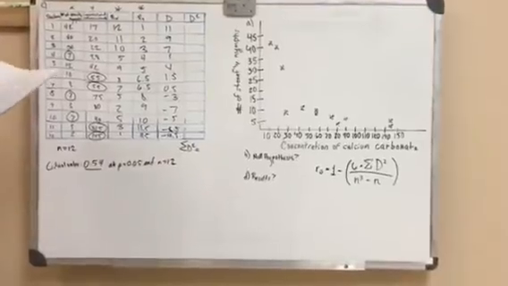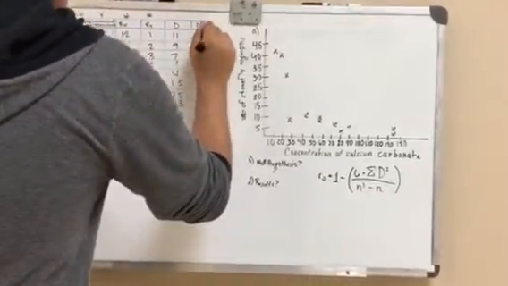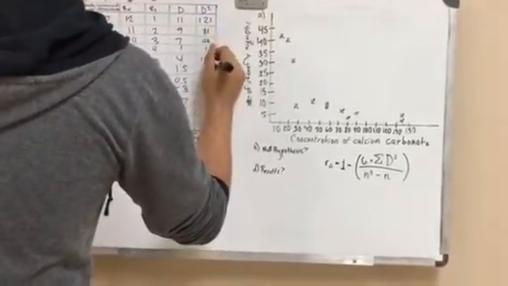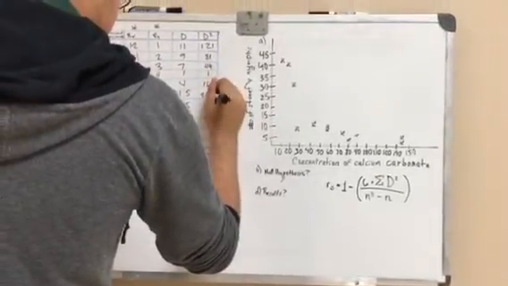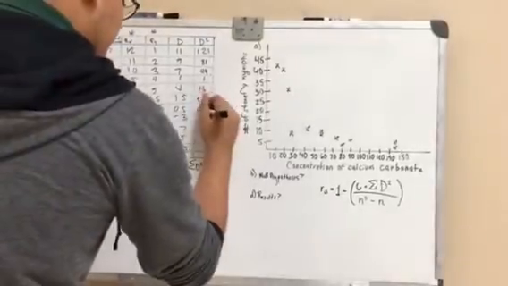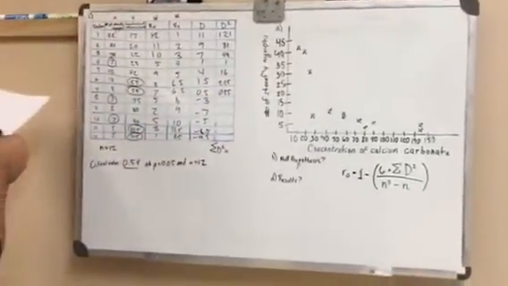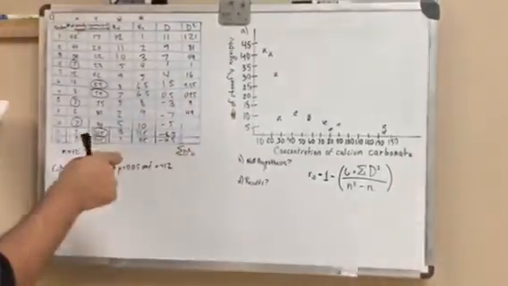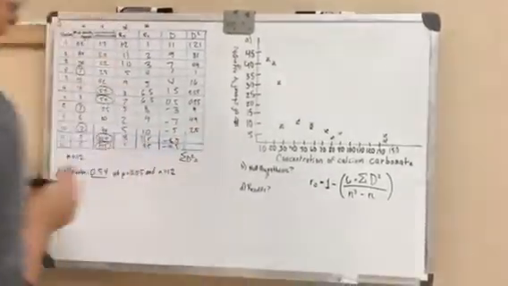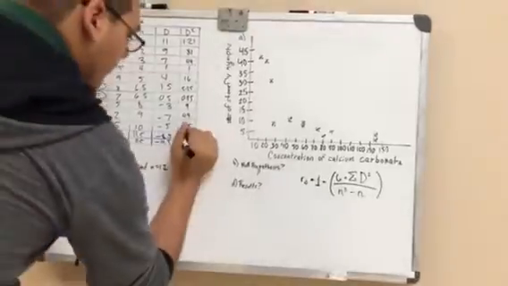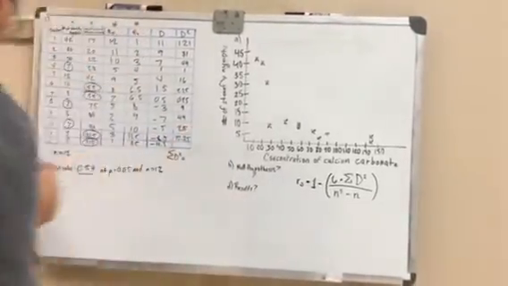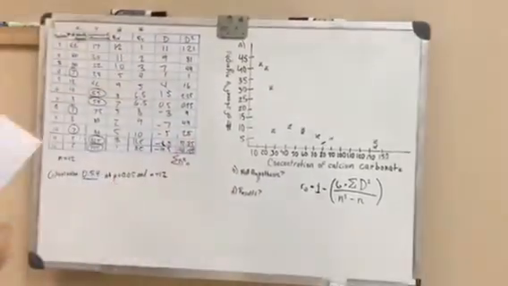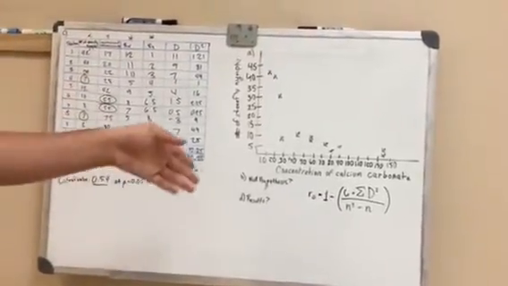So we're going to have for D squared values 121, 81, 49, 1, 16, 2.25, 0.25, 9, 49, positive 25, 72.25, and then 110.25.